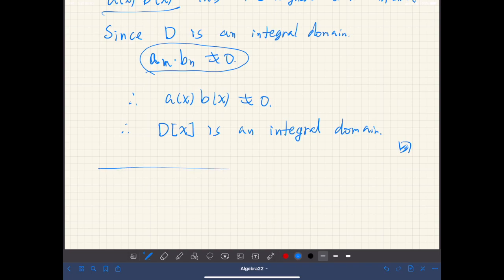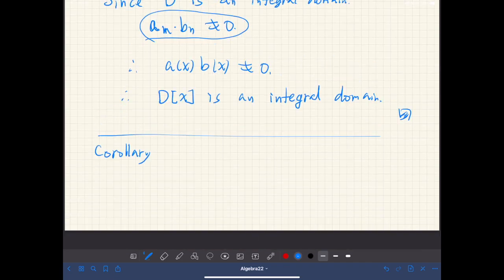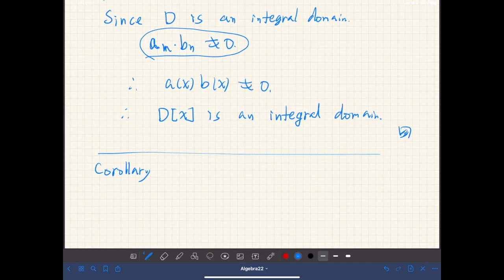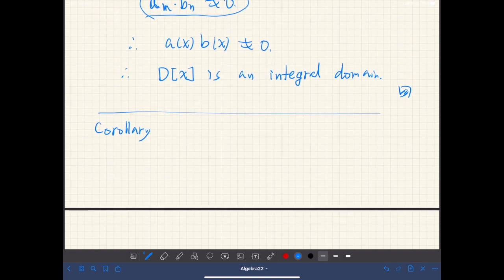And as a corollary to this theorem, by the way, a corollary is a small theorem that can be very easily derived from another theorem.